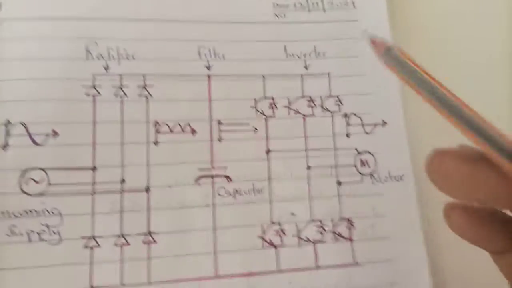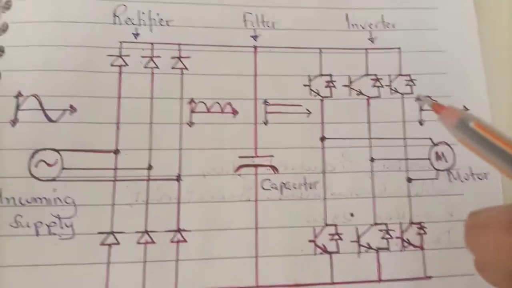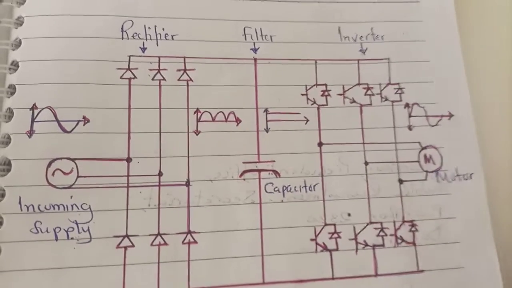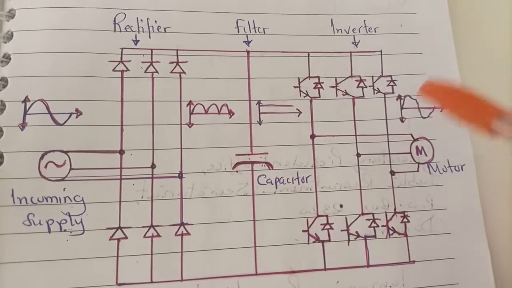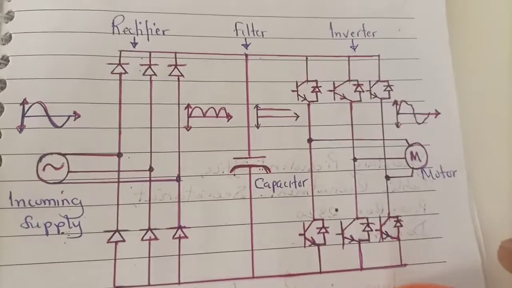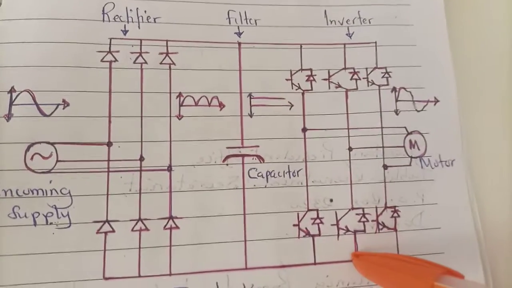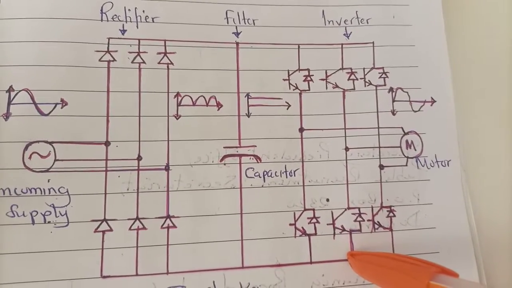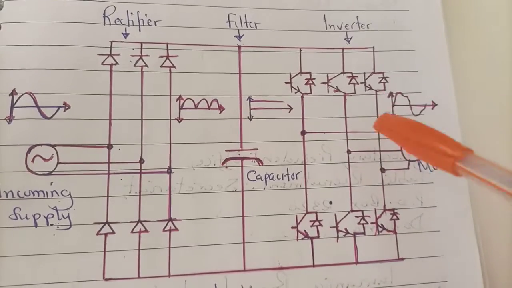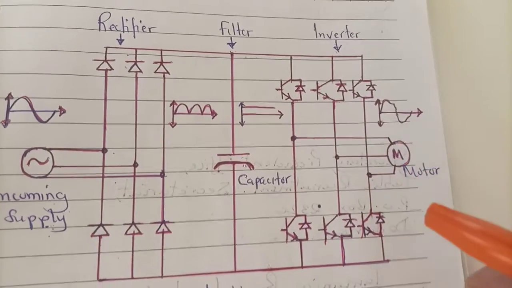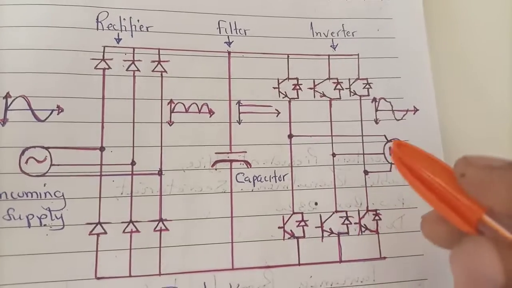So now I think you get the picture of how VFD works. We know that in applications of machines, in some applications we need high speed, and in other applications we need low speed.